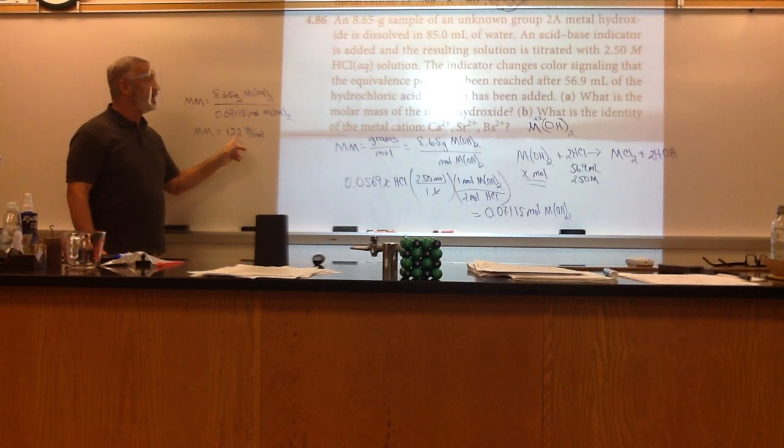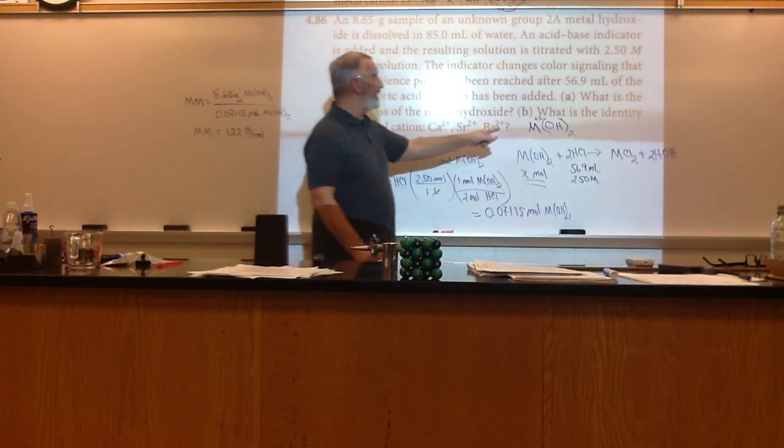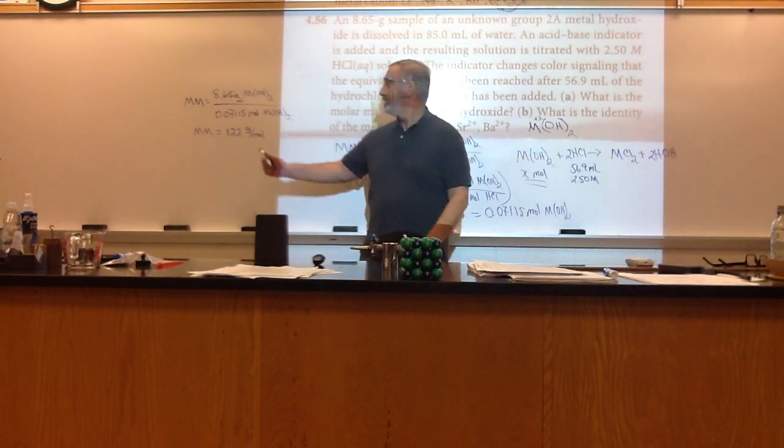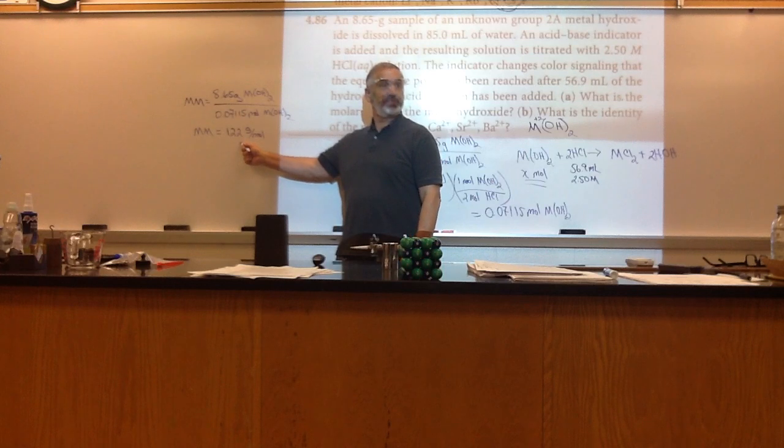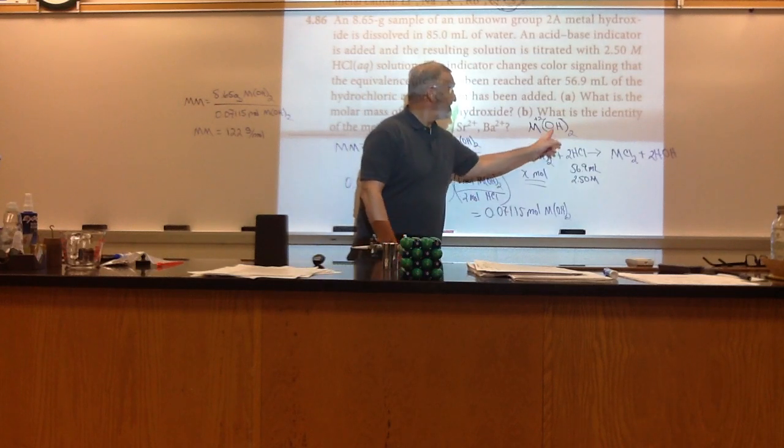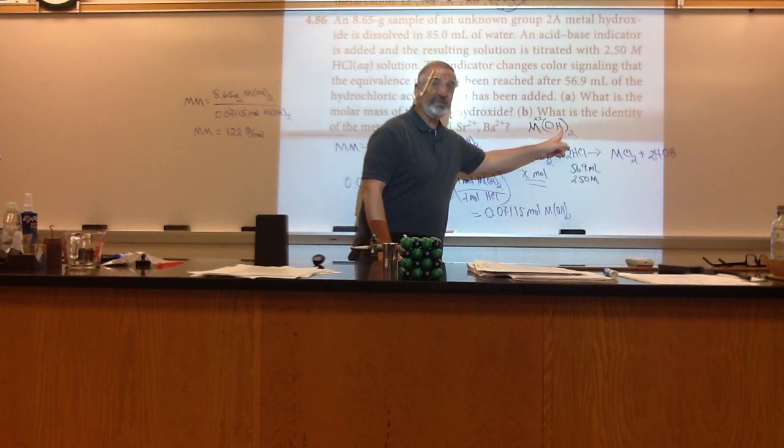How do we get what cation this is? You have to subtract the OH2. So of our MOH2, that altogether equals 122. So subtract 16 and 1 is 17, times 2 is 34 grams.